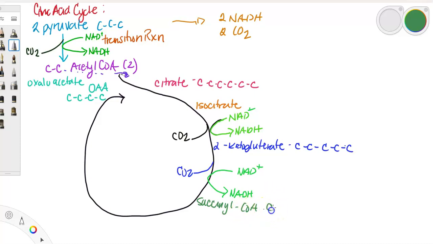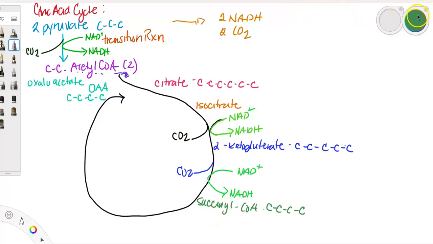Once we get succinyl-CoA, we now have a 4-carbon molecule, and this molecule gets hydrolyzed. It causes the hydrolysis of a molecule called GTP, which comes from this. So the GTP then transfers a phosphate over to ADP, making ATP.